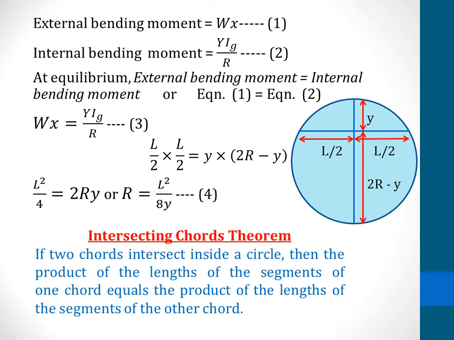On simplifying this, we get L square by 4 equals 2Ry, and on rearranging the terms, we obtain R to be equal to L square by 8y, which we call equation 4.